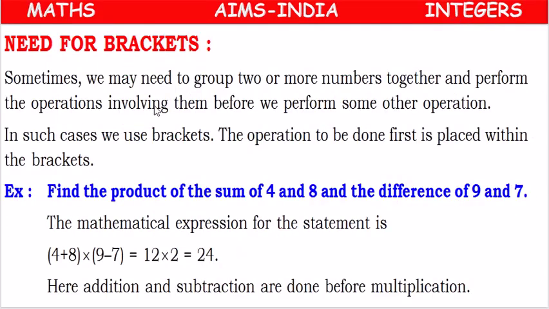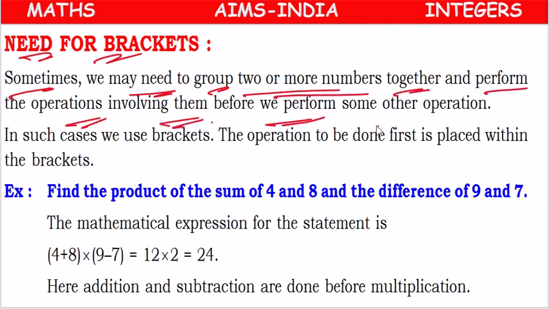Next children, need for brackets. Sometimes we may need to group 2 or more terms together and perform the other operations involving them before we perform some operation. At that time, we will make use of brackets.